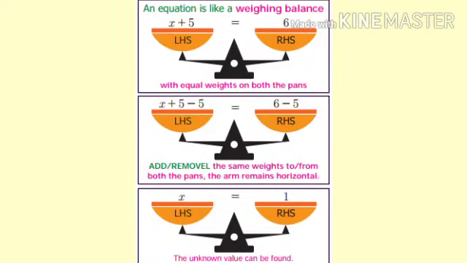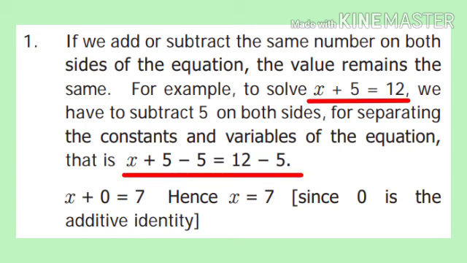We use the following principles to separate the variables and constants, thereby solving an equation. If we add or subtract the same number on both sides of the equation, the value remains the same.